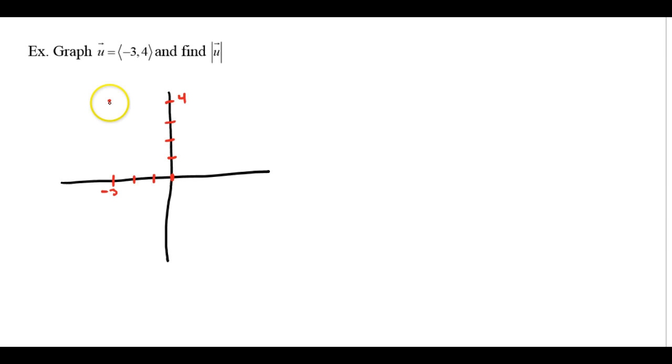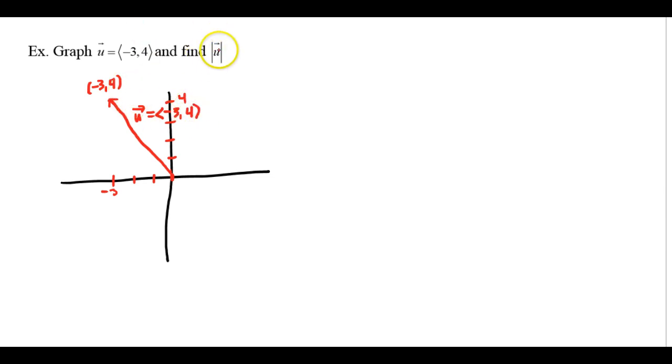So right here, that's going to be where the tip of my arrow lies. I'm starting here at (0, 0), and the tip of my little arrow is going to end at the coordinate point (-3, 4). But this actual ray is the vector u, or <-3, 4>.